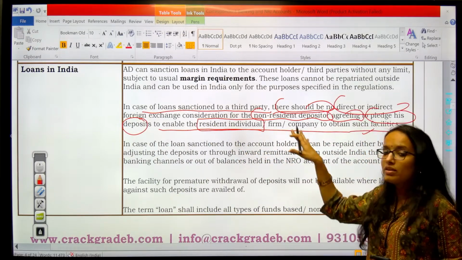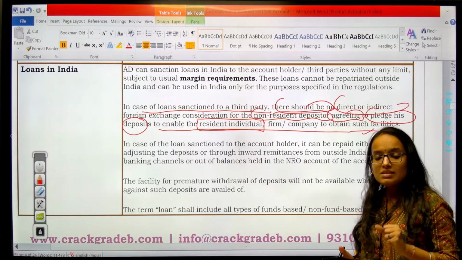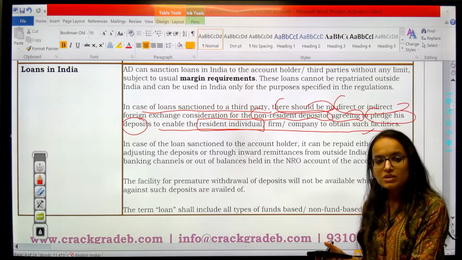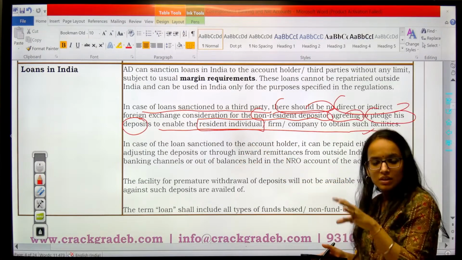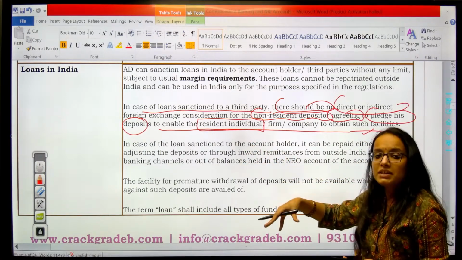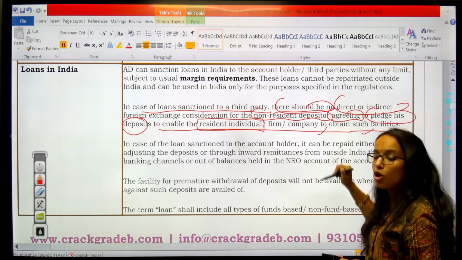If that non-resident depositor is ready to put something as collateral, to pledge his deposits so that the resident individual can obtain such a loan.